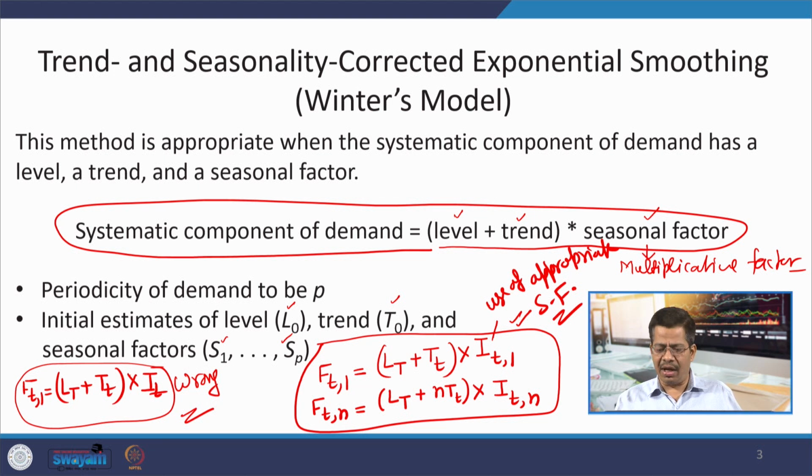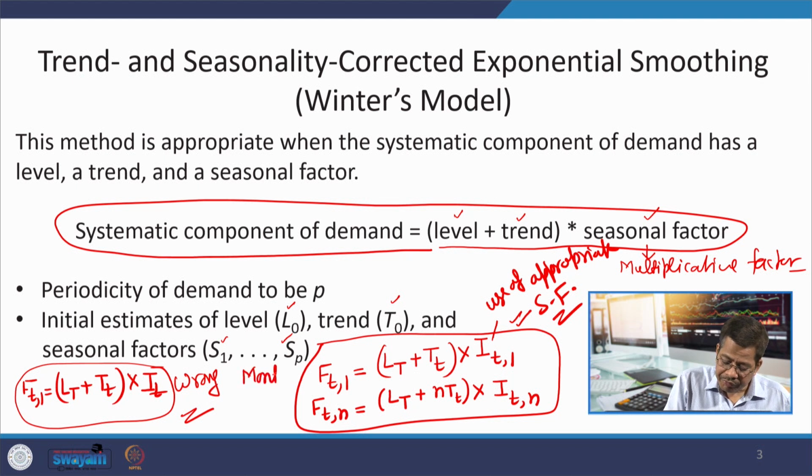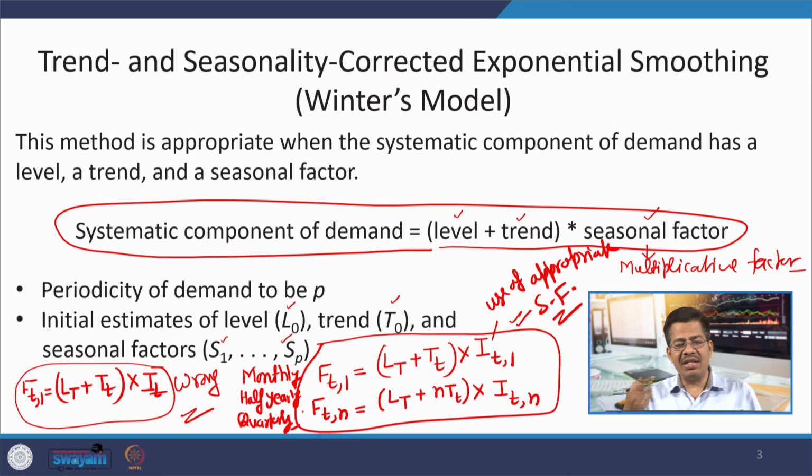Your data may have seasonality at a particular interval, most likely monthly, in some cases half yearly, in some cases quarterly. So, depending upon how many periods there are in a particular cycle, the seasonality will be calculated.